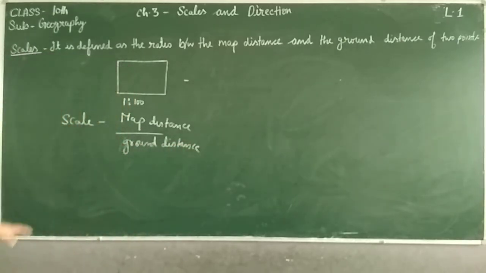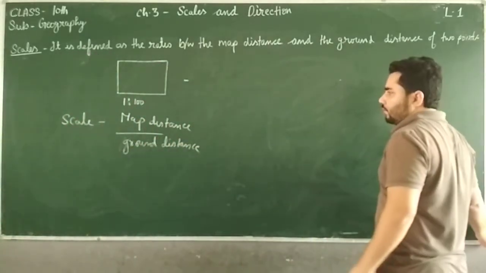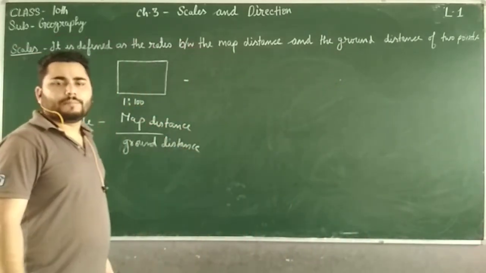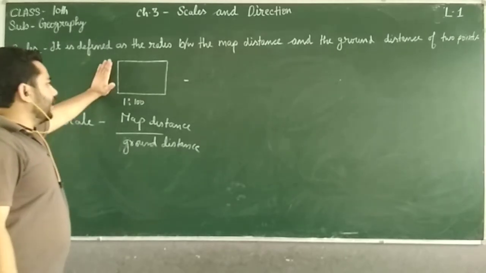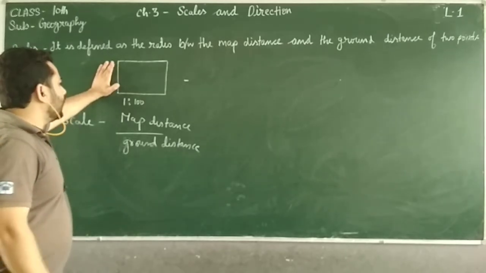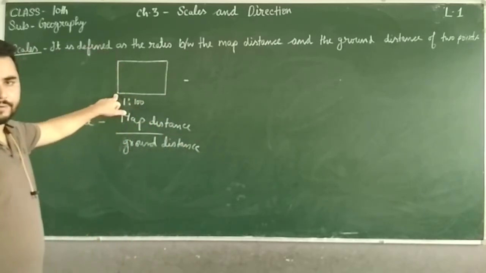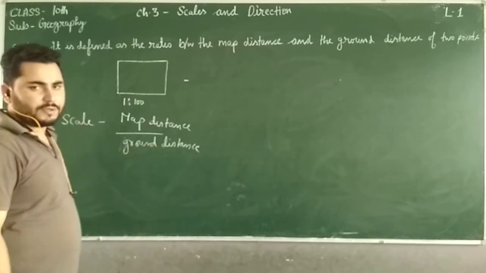If I measure this board from here to here, it will be around 4 meter, and here I have drawn a map of this board and the distance from here to here is just 4 centimeter. Why have I taken this distance in centimeter, why have I reduced it?